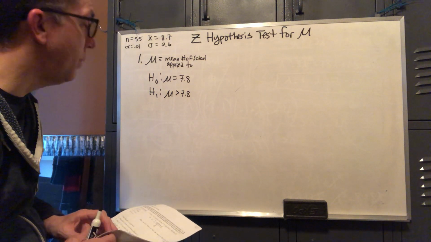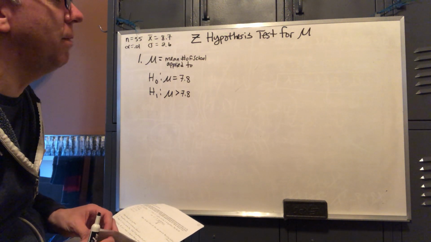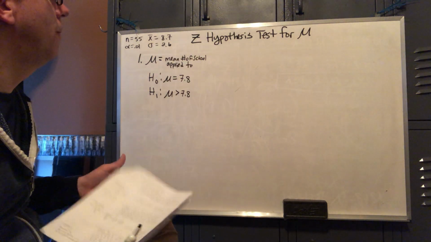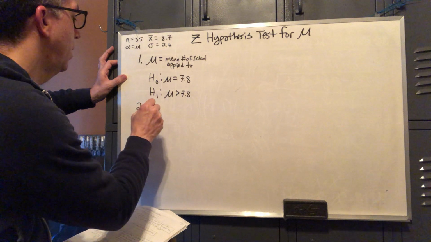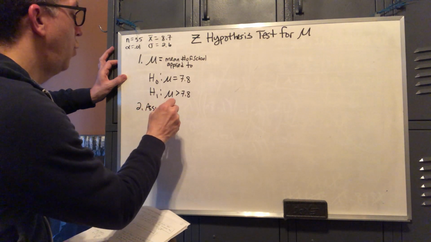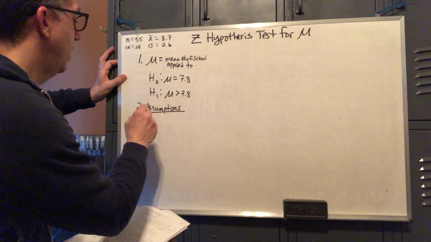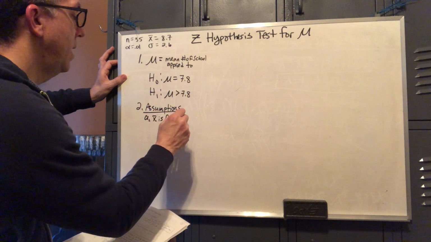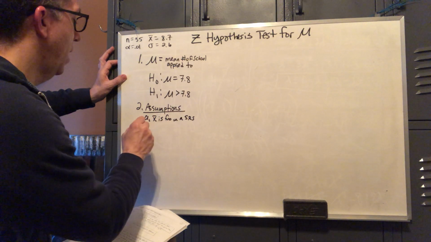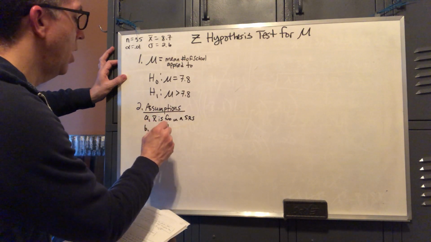All right, step 2 is our assumptions, and these follow the same as what we did for confidence intervals. I'm going to go through these quickly. Letter A, x bar is from a simple random sample. Letter B, n is large.